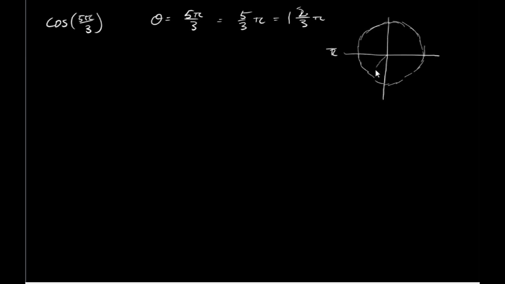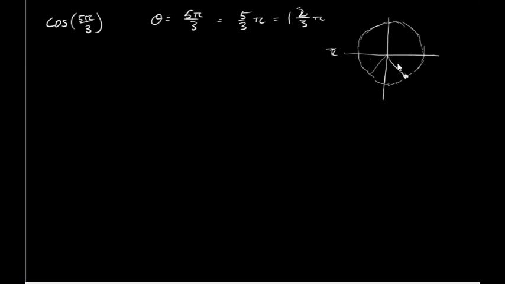So if I break up the last bit into thirds, 1, 2, 3, I've got two of them. So we're going to be sitting over here. So that would be 5 pi on 3.